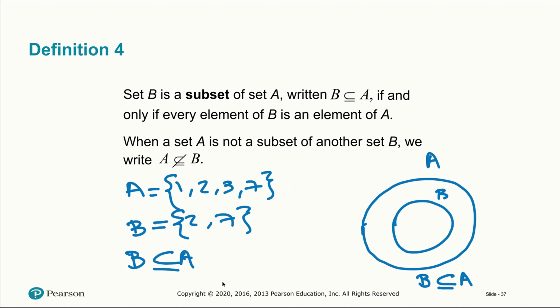So note that the fact that B is a subset of A has no guarantee that A is a subset of B as well, and we know that it's not. So here we say A is not a subset of B. Think about what it would mean if A is a subset of B and B is a subset of A. Think of that for a minute, pause the video, and then come back.